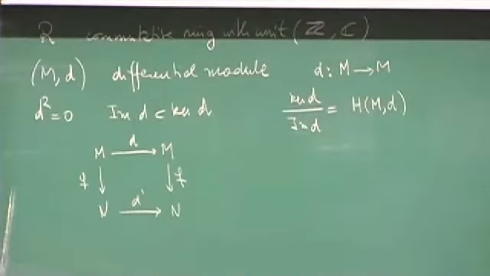So this is the notion of morphism of differential modules, and it's very easy to check, I will not do this, that this induces a morphism between the cohomology groups.